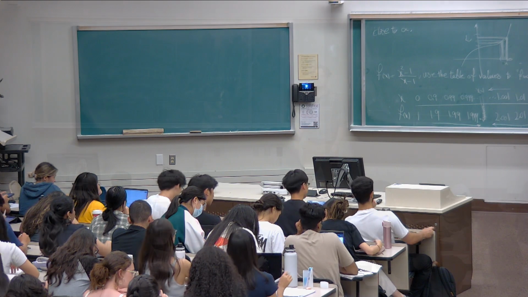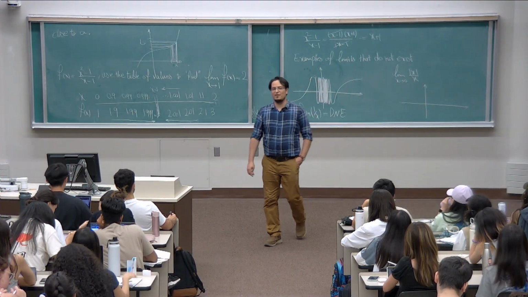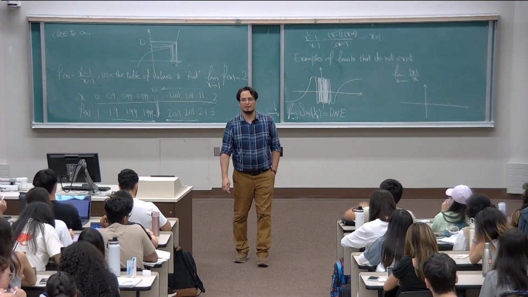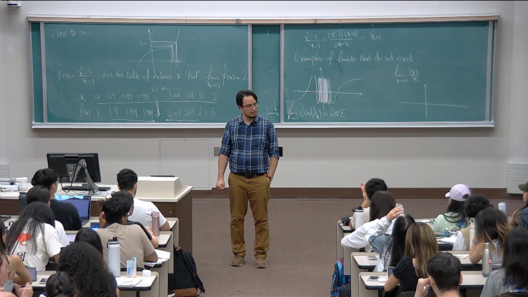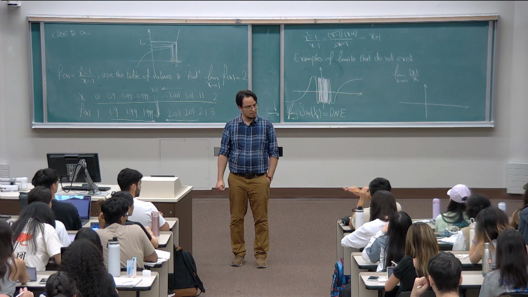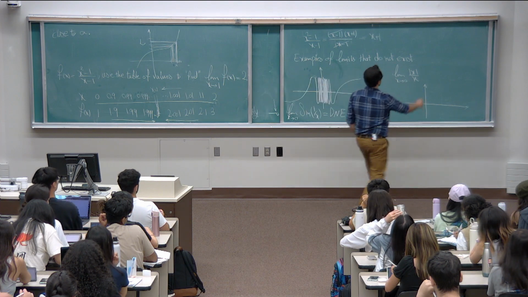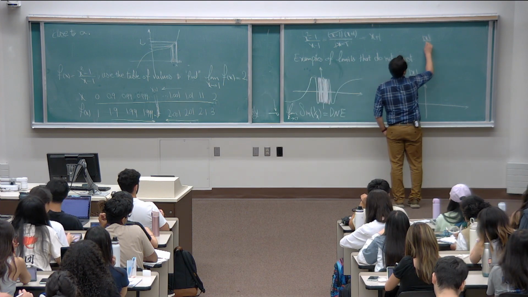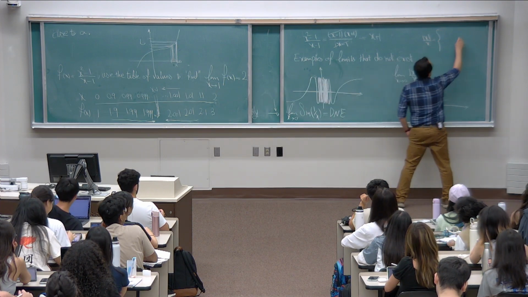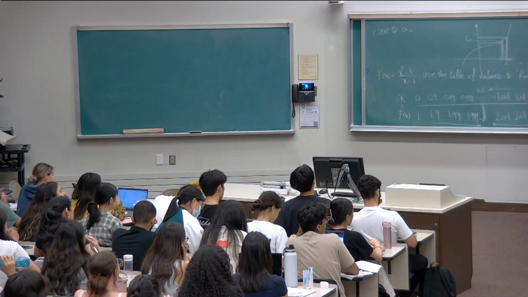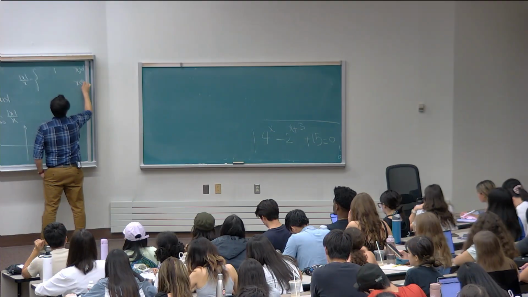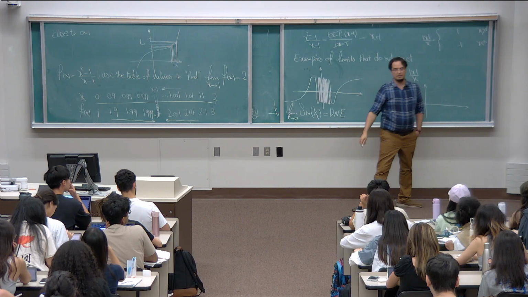Okay. What is the graph of this function? Can anyone? Yes, please. When x is negative, it's always -1. When x is positive, it's always just 1. So you're saying that this absolute value of x over x is 1 if x is positive. If it is negative, it is -1, yes?